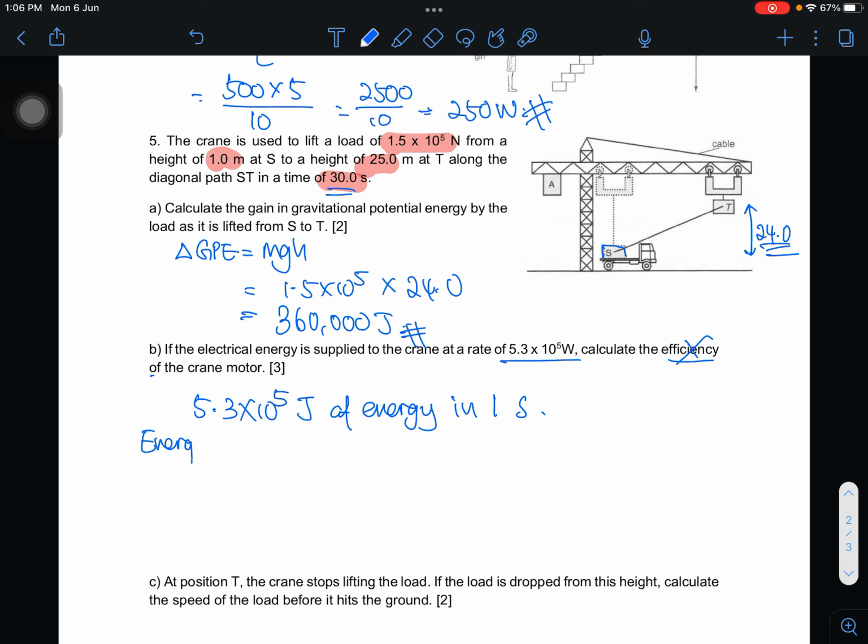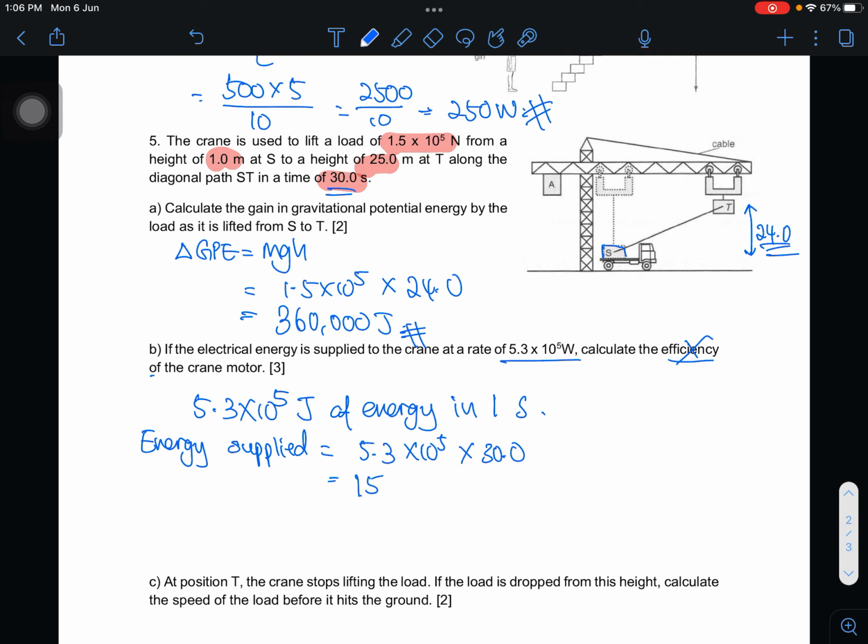Over here. So let's see. Energy supplied by the crane equals 5.3 times 10 to the power 5 multiplied by 30. This is the energy supplied by the crane in 30 seconds. Let's calculate, multiply by 30 seconds.